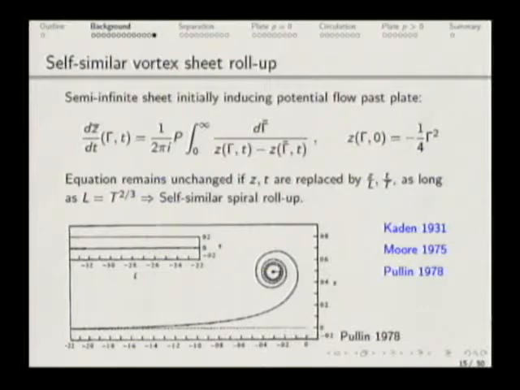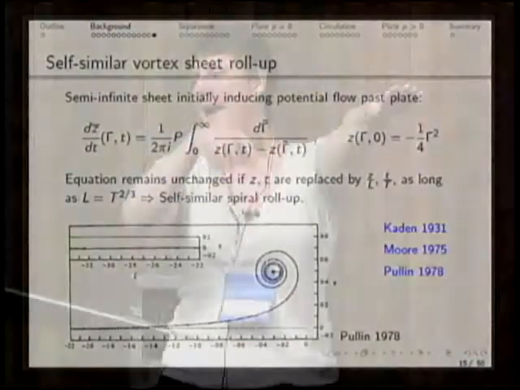Okay. Now, what I'm doing, I need to understand a little bit about self-similar roll-up. So this problem has been considered as far back as Cardan's work. They considered a semi-infinite sheet, so that's what this dashed line is. A semi-infinite sheet that induces flow past a semi-infinite plate, okay?